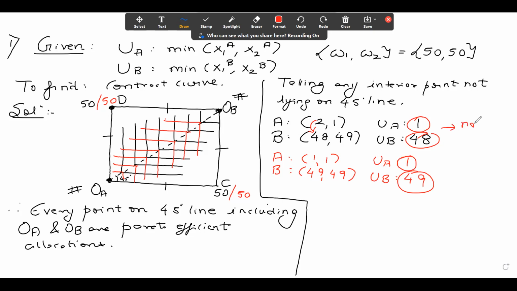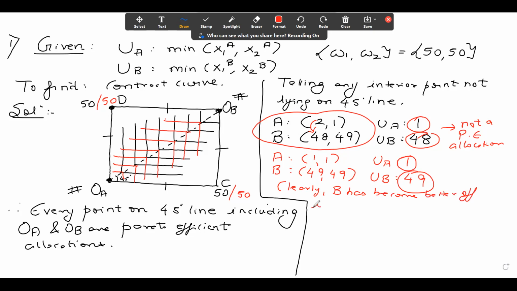Therefore, this is not a Pareto efficient allocation, because when this exchange was made between A and B, B had become better off without making A worse off.